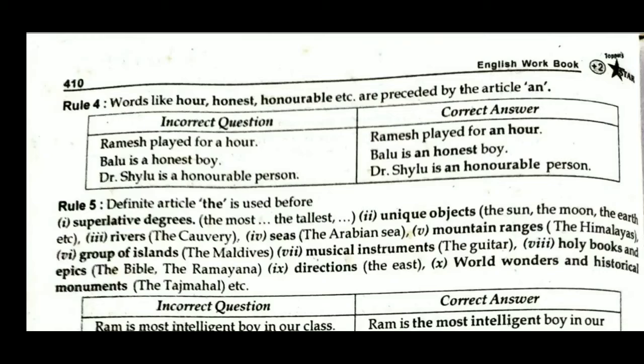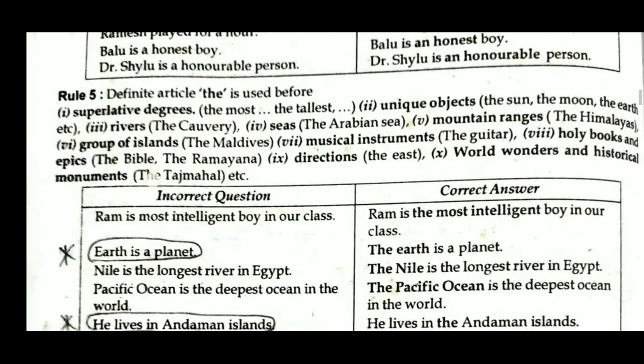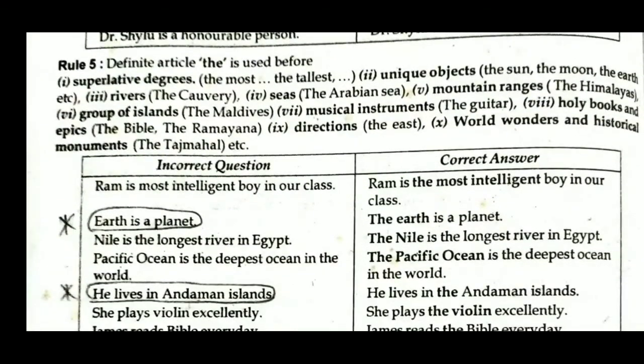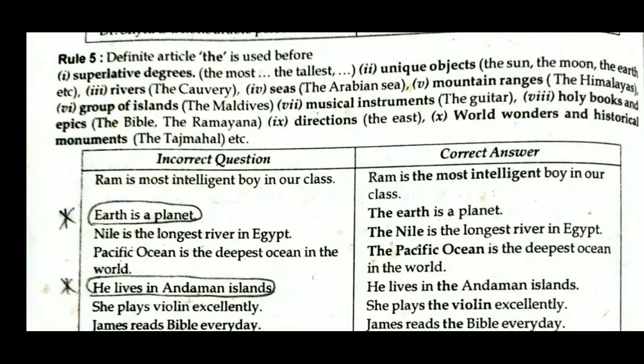Now the definite article the is used before superlative degrees. A and an are indefinite articles; the is the definite article. We have to use the before superlative degrees: the most, the tallest.